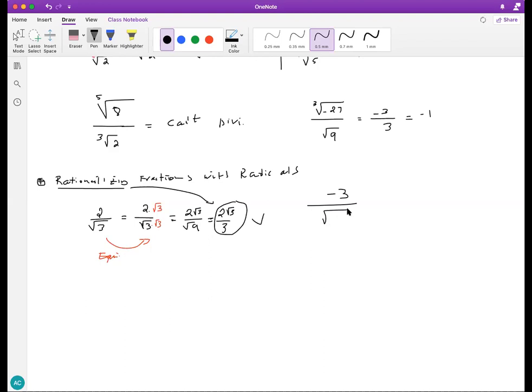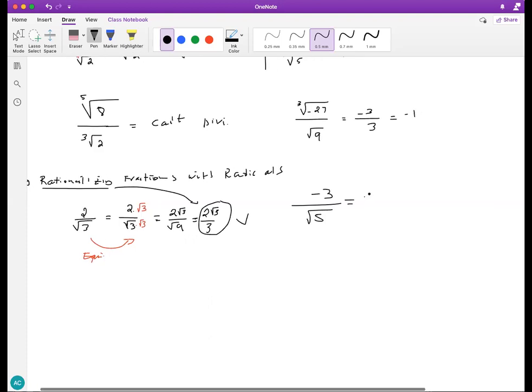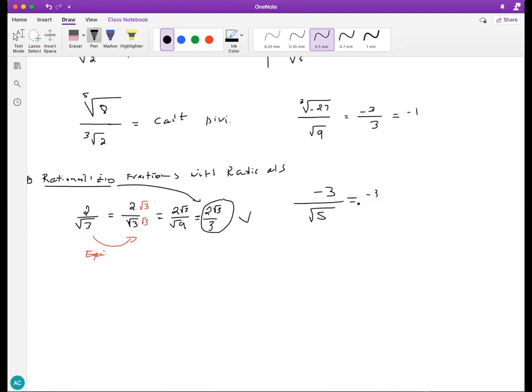Here's another example. Let's say you have radical 5. So what do you do to rationalize this again? You're going to times it by what? To rationalize this, we times the fraction, top and bottom, by what exactly? We need to get rid of radical 5, so we're going to times it by radical 5.